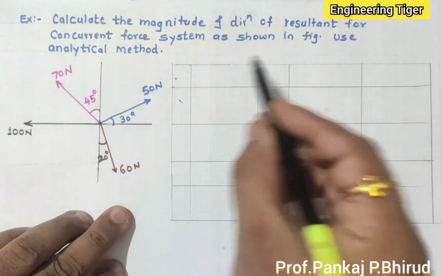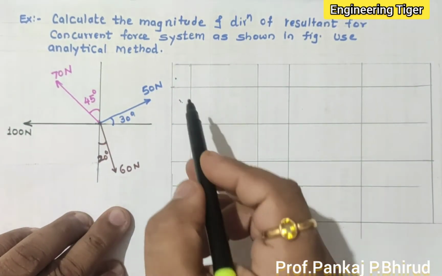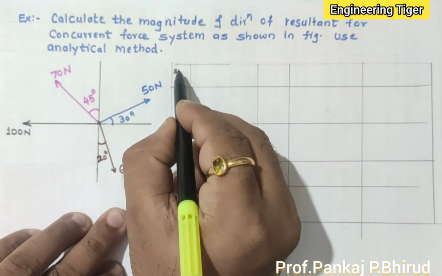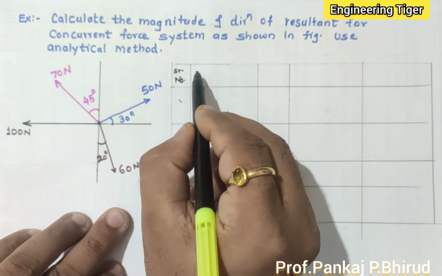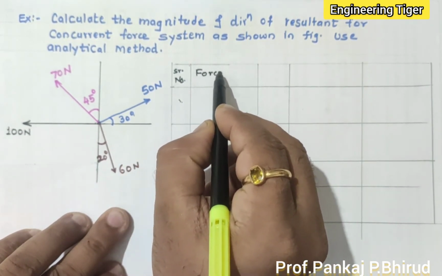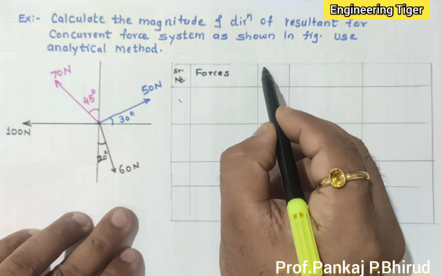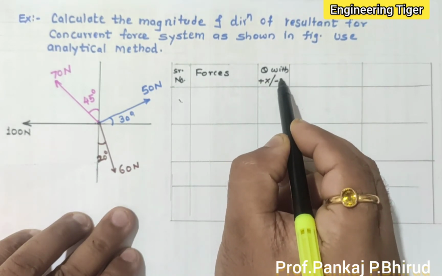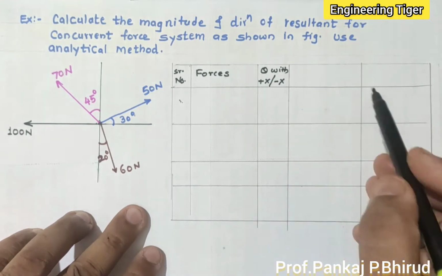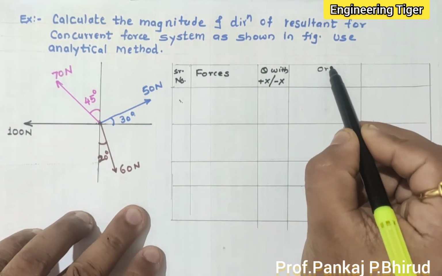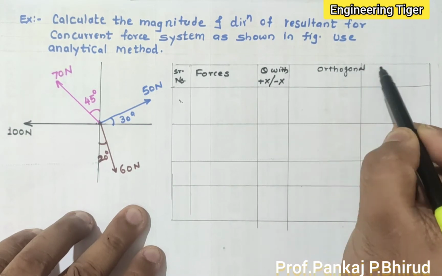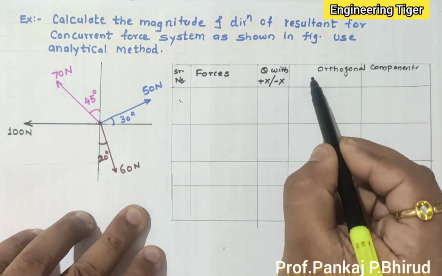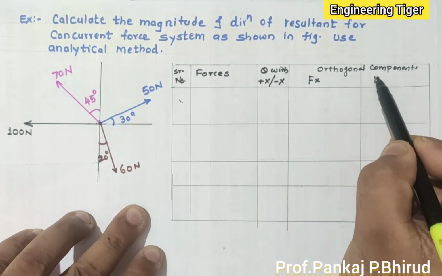So we will make a chart in which we take these 4 forces and resolve them into horizontal and vertical components. The first column is serial number, then forces, then theta with positive or negative x-axis, then orthogonal components, horizontal and vertical. The horizontal component is Fx and the vertical component is Fy.